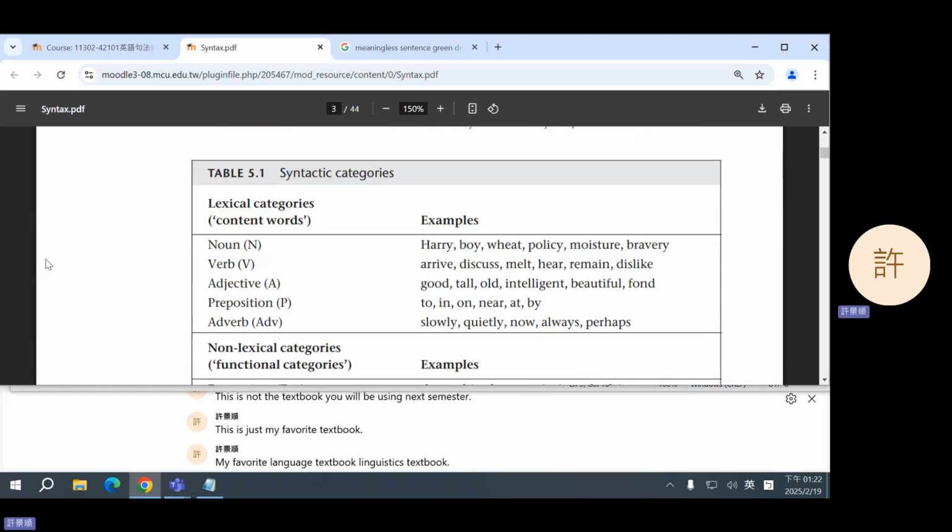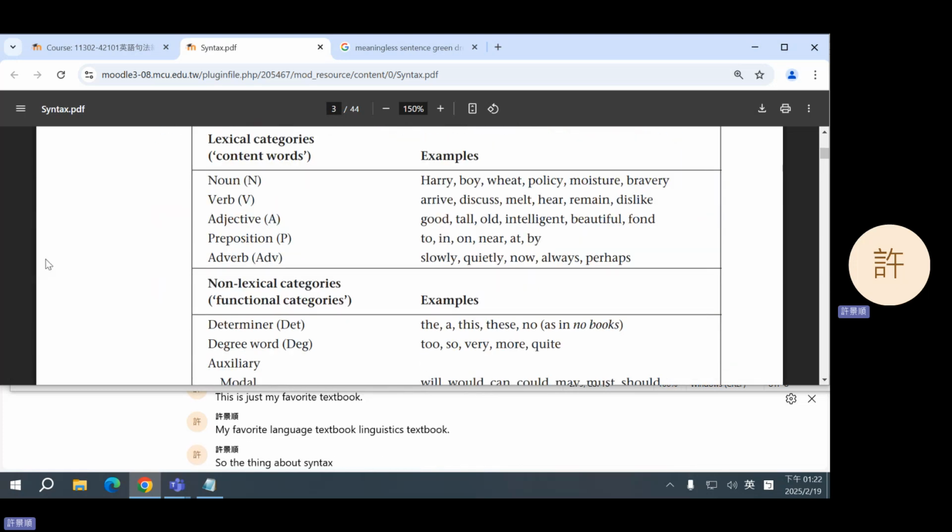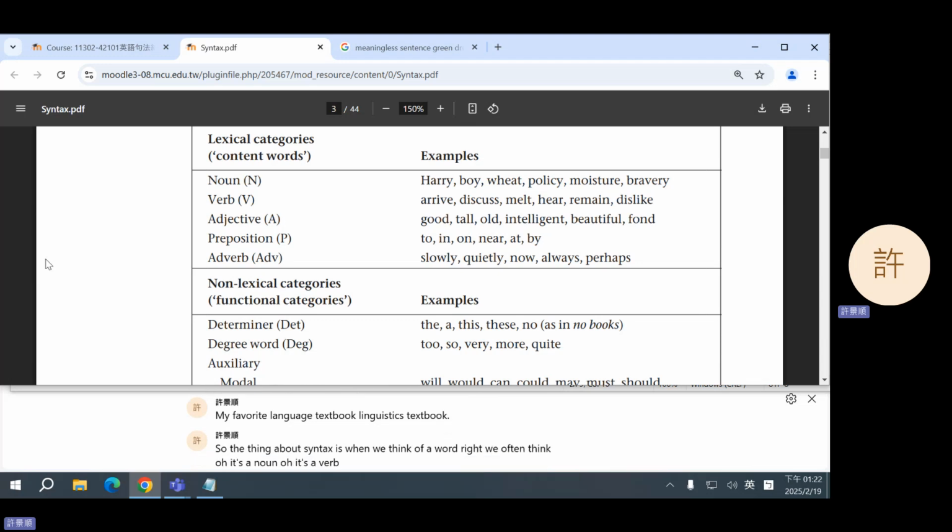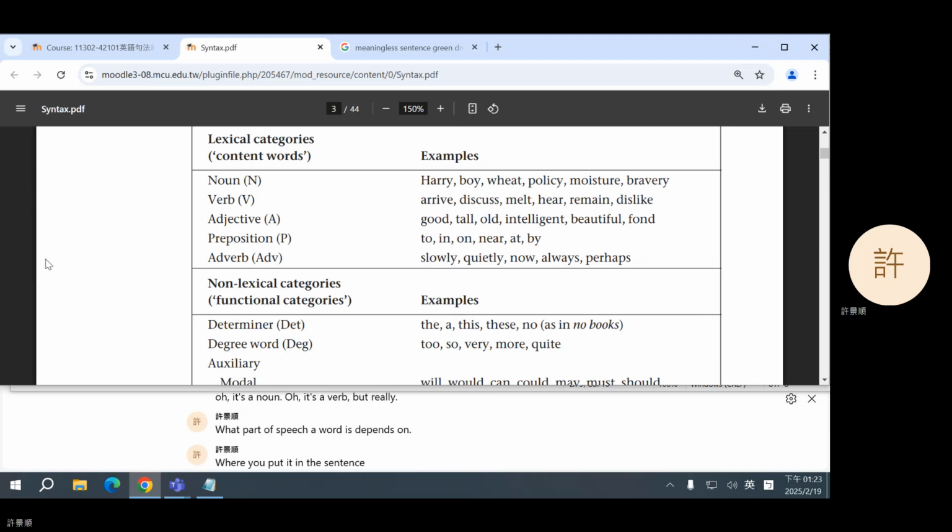So the thing about syntax is when we think of a word, we often think, oh, it's a noun, oh, it's a verb. But really, what part of speech a word is depends on where you put it in the sentence.